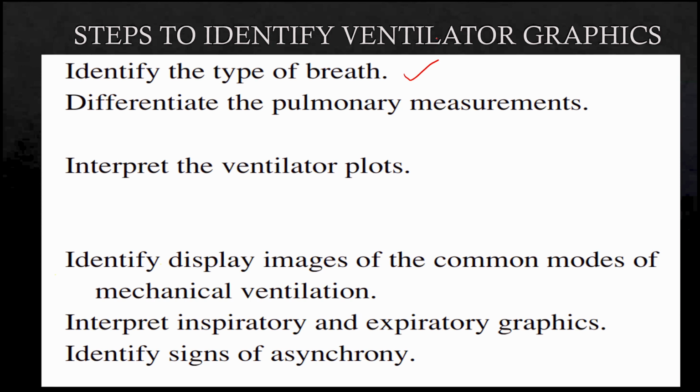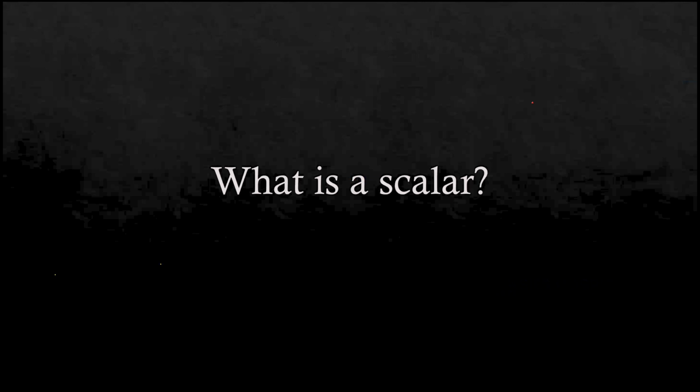And in that, whether it is a volume control or a pressure control mode, which will also help differentiate the different pulmonary measurements, and in turn help us understand the basics of the disease which is happening, whether it is an elasticity problem, a problem with the resistance, or something else, as the disease evolves, or as a sudden event such as a disconnection or a leak or something of that sort.